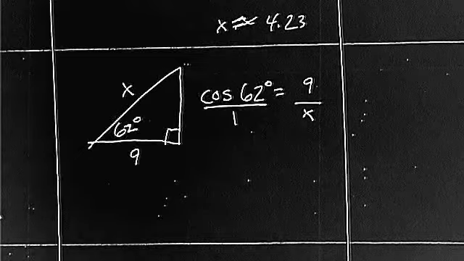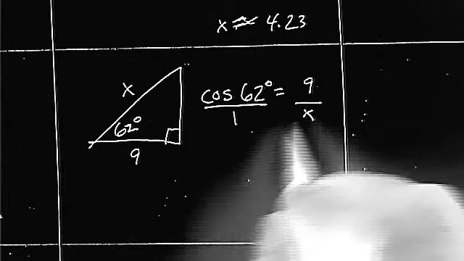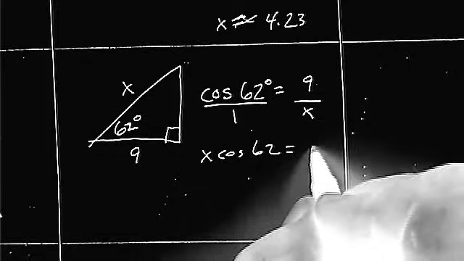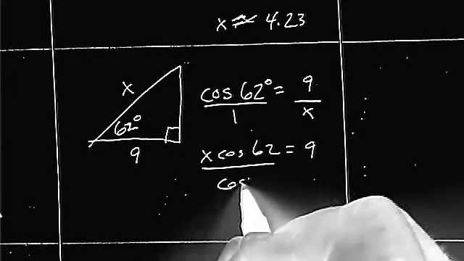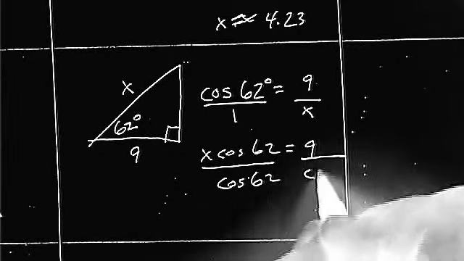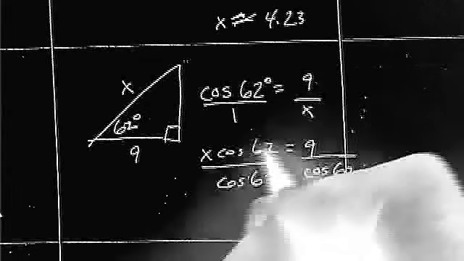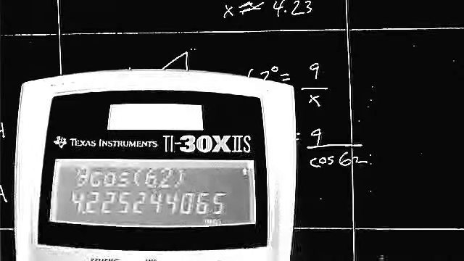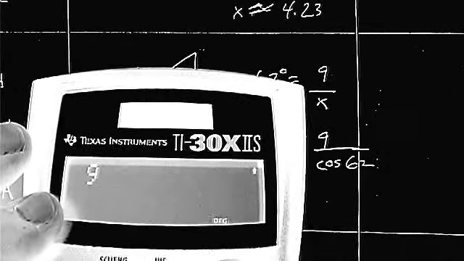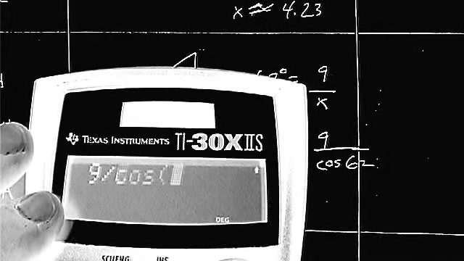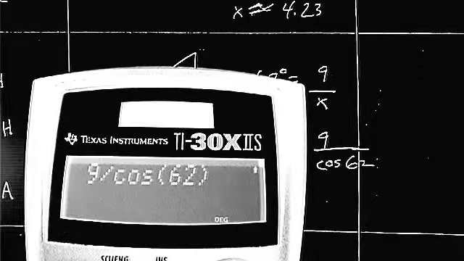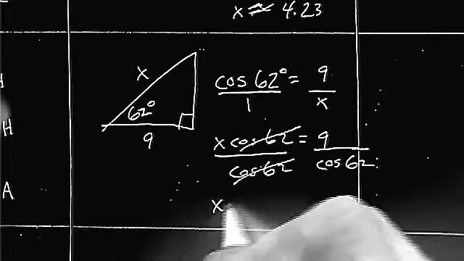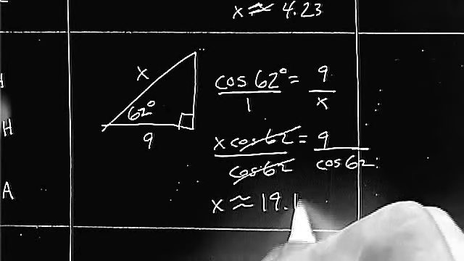We still are going to cross multiply. So x times cosine 62 is equal to 9 times 1, but this time we have to divide by cosine 62. So to get this answer, we're going to take 9 and divide by cosine 62, and that's going to give us 19.17. So x is approximately 19.17.